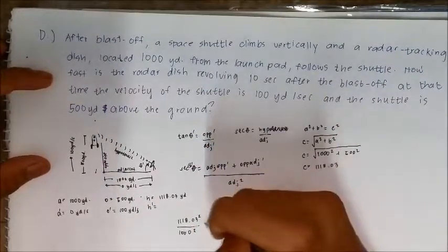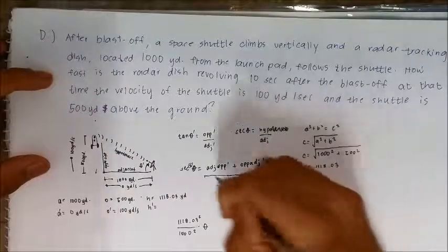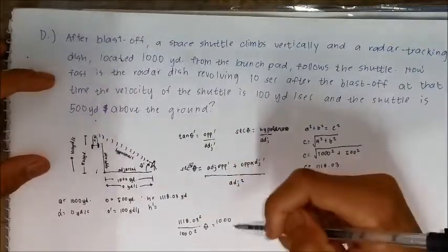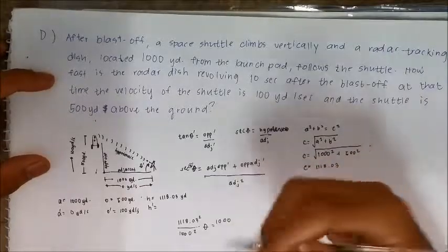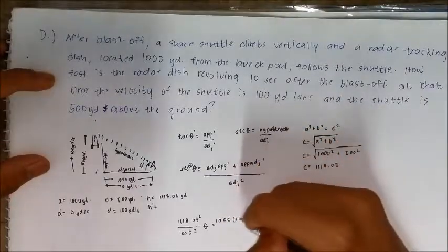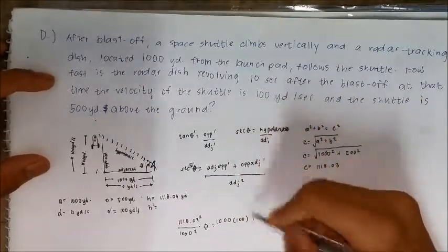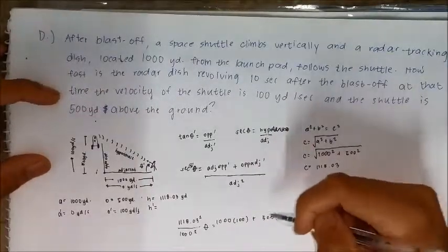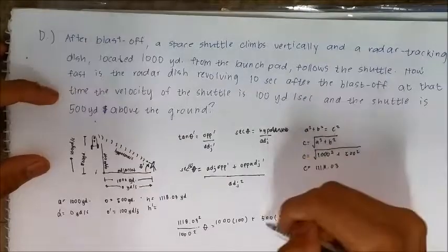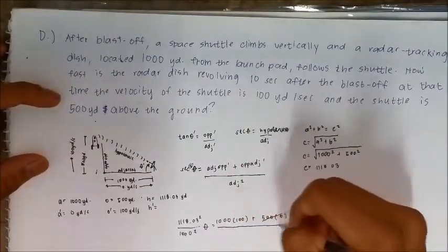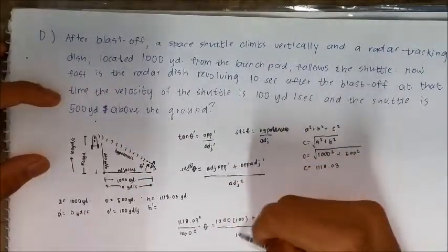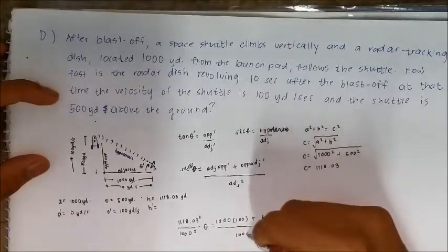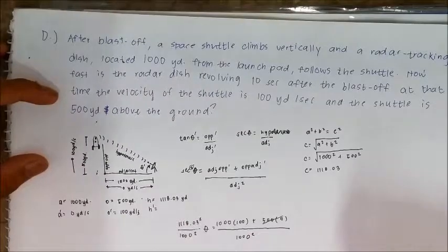Secant squared times theta equals adjacent 1000 times opposite, the rate at which opposite changes, which is 100, added by the opposite 500, multiplied by the rate at which adjacent changes, which is 0. That's cancelled out. All over adjacent squared, which is 1000 squared.